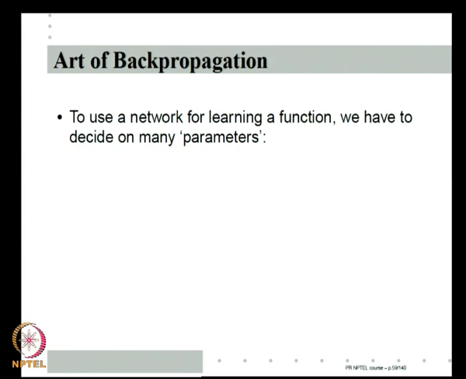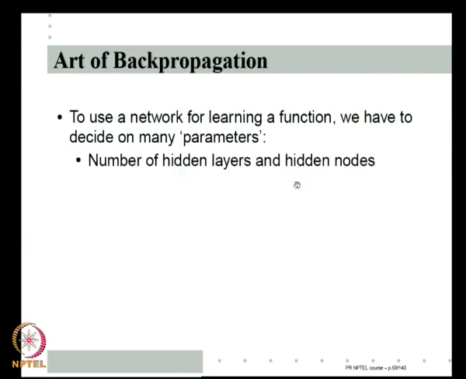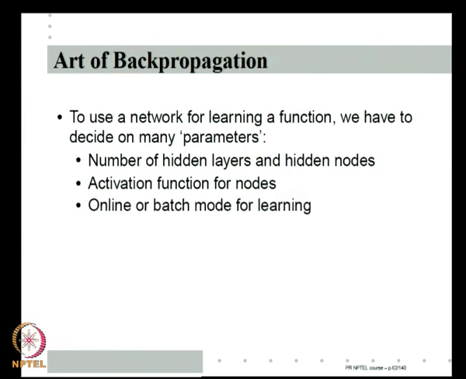So, that is why I call this the art of backpropagation. The science is over now, but in practice it has to work well. You use a network for learning functions, but you have to decide on many parameters: the number of hidden layers and hidden nodes, the activation function for nodes, whether to use online or batch mode for learning, and what initial values of weights to use.